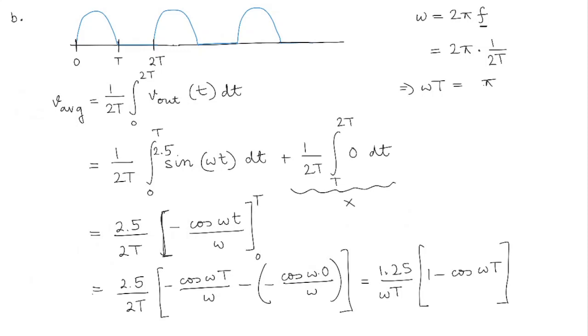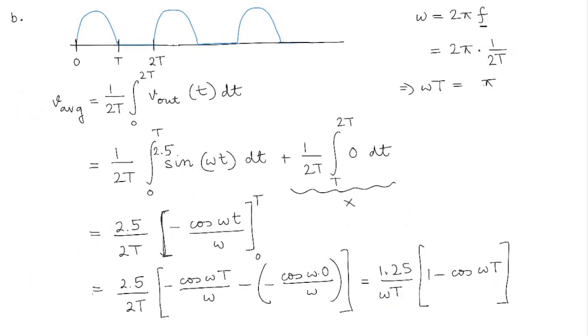What I'm saying is that the time period of your sine wave is the inverse of the frequency, and that's what we have substituted here. But in this case, the time period we have taken to be 2t, not t, and therefore f is equal to 1 over 2t, and omega t becomes pi. If you substitute that here, cos omega t, which is cos pi, is minus 1, so that will become 2, and this omega t is of course pi.